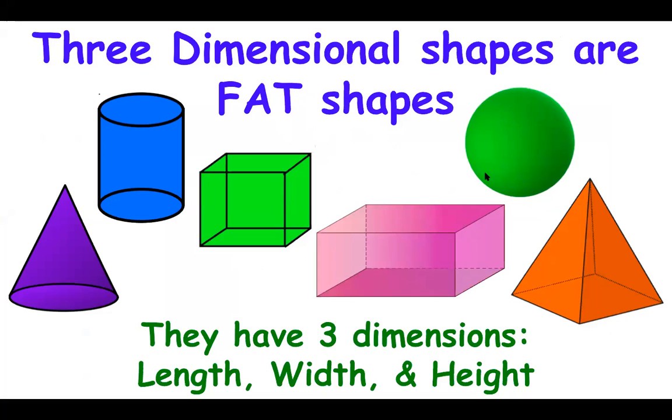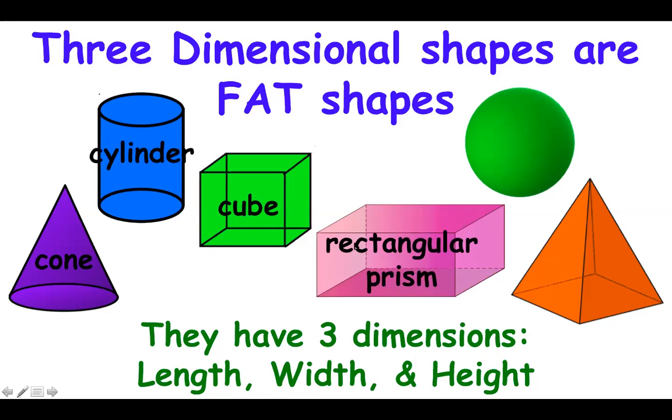Because these shapes are wide and fat, that's what makes them three-dimensional. The 3D shapes we know so far are cone, cylinder, cube, rectangular prism, sphere, and pyramid. These are all fat 3D shapes.